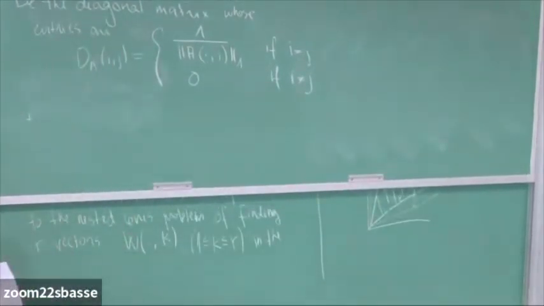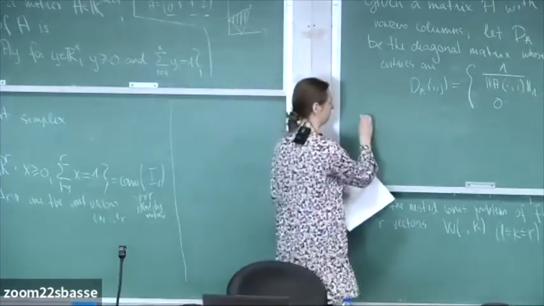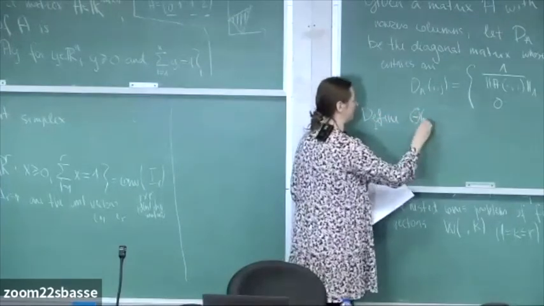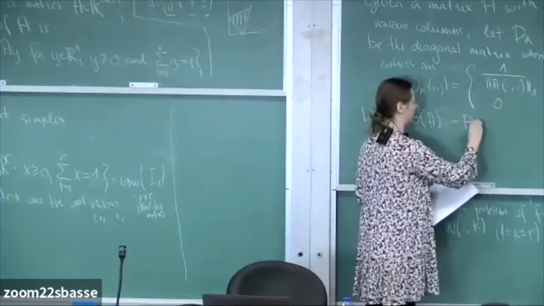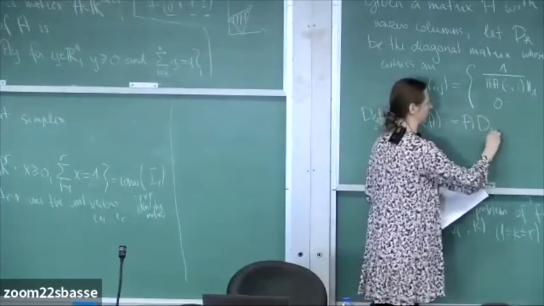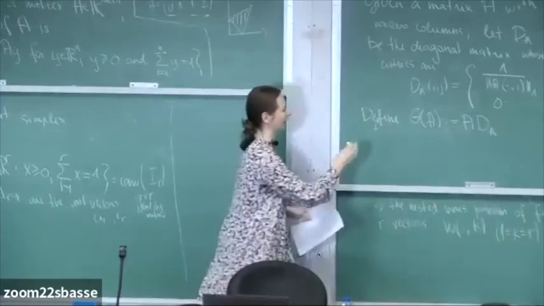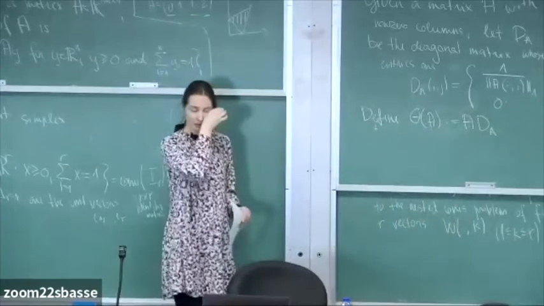What we will do is multiply our matrix A with this diagonal matrix DA. So define theta A to be A times DA. Can anyone tell me what property this matrix theta A has?